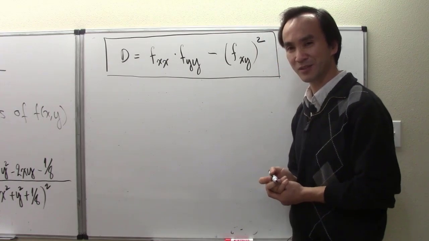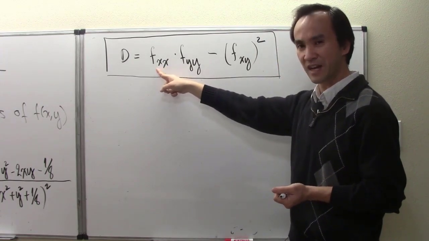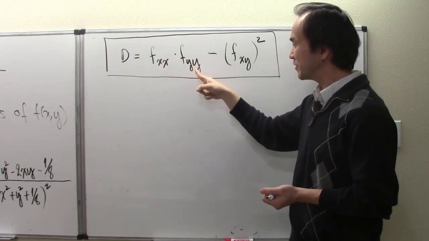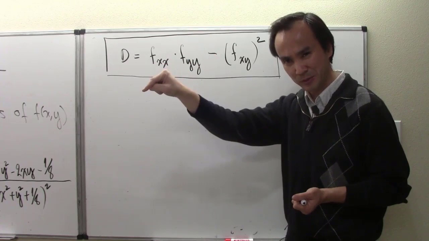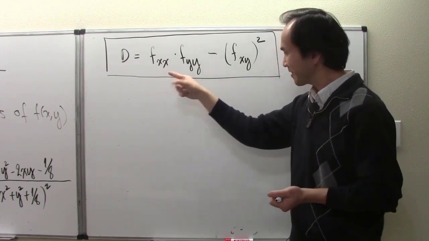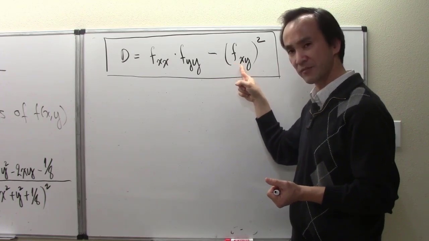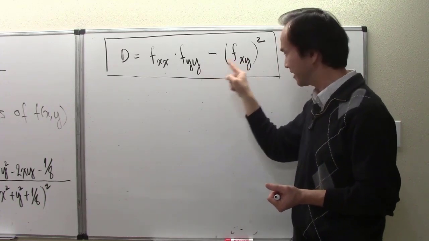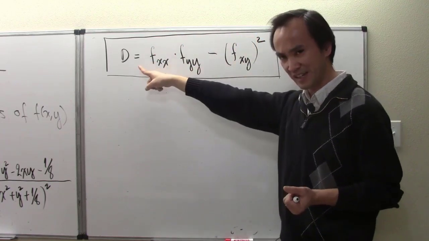You evaluate fxx and fyy at the specific point a comma b, and then also evaluate f sub xy at a comma b, and then do the square. This expression right here is called that D expression.